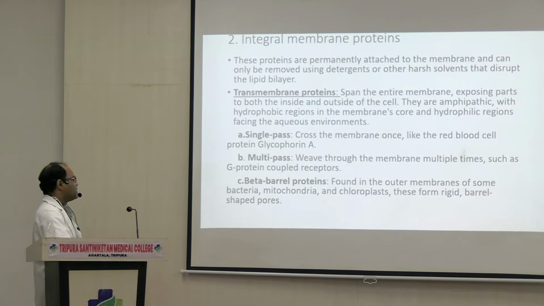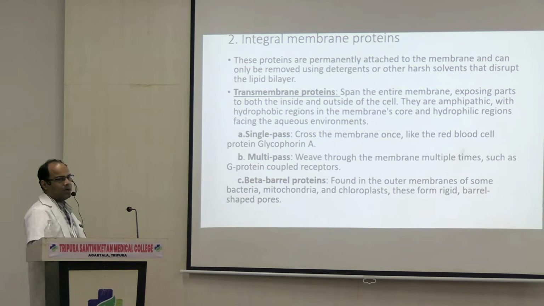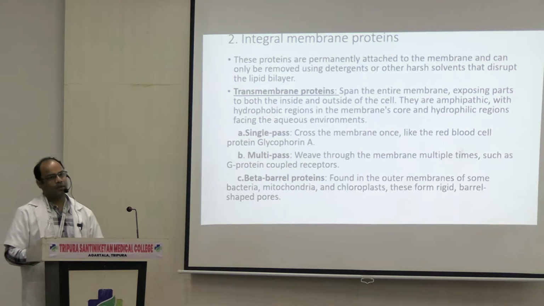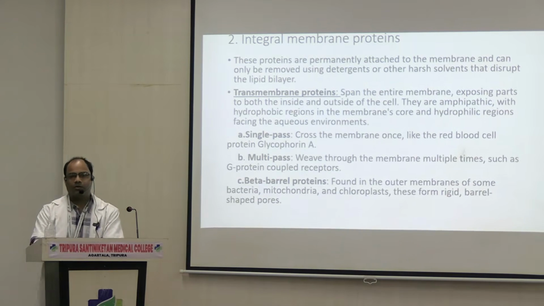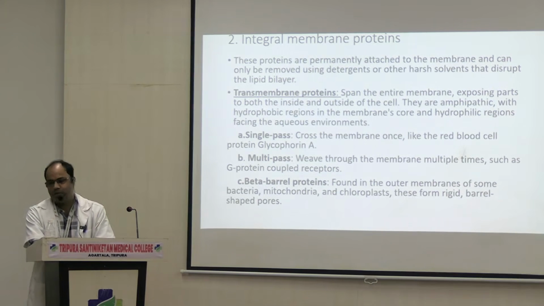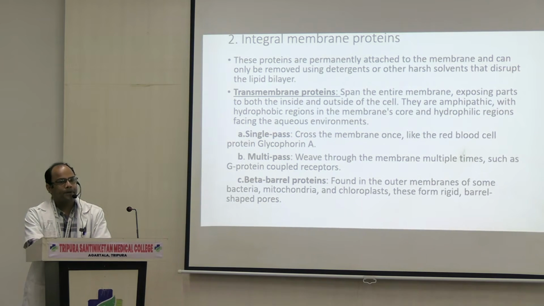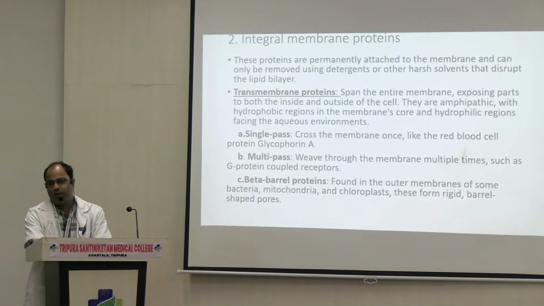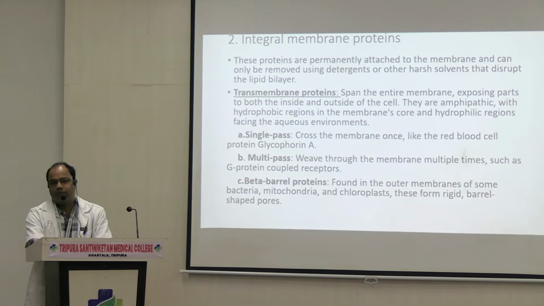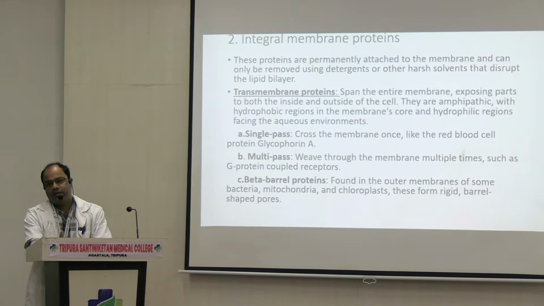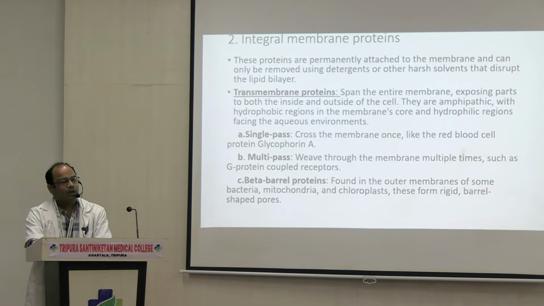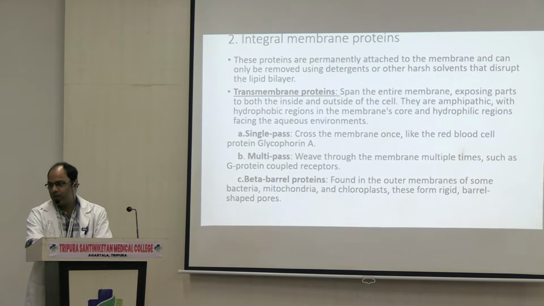And this is multi-pass. Mostly G protein coupled receptors are multi-pass. You will read in future lecture classes about G proteins. Some G proteins are stimulatory, some inhibitory. They act as receptors for some signals, like hormone signals.